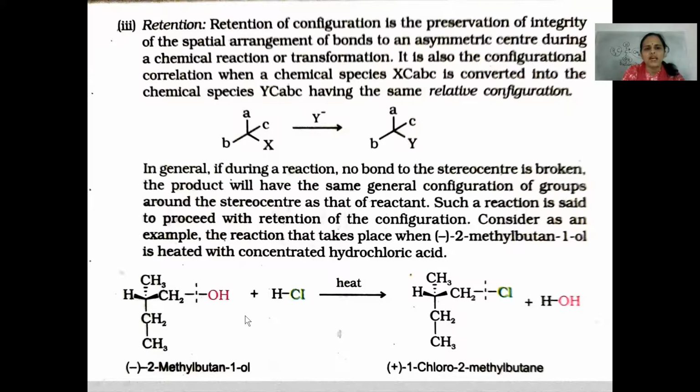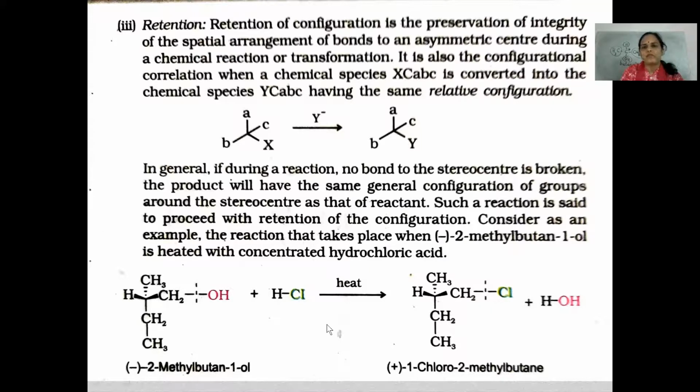This is 2-methyl butan-1-ol. When treated with HCl and heated, you see that no bond in the stereo center has been broken. H is where it is, CH3 is where it is, CH2 is where it is, CH2CH3 is where it is. Only OH is being replaced with Cl.